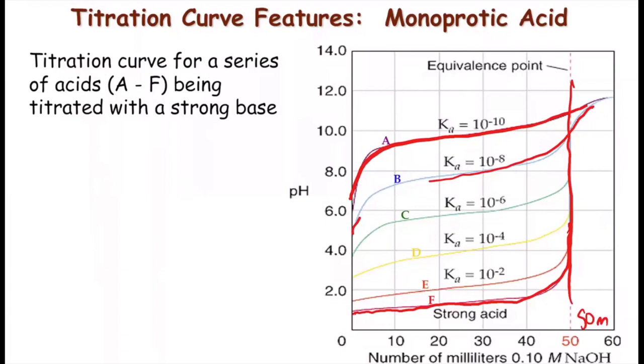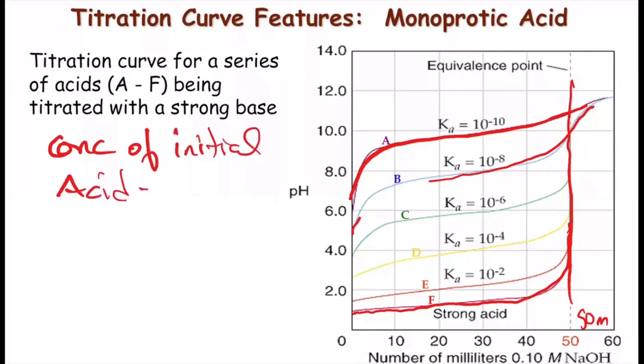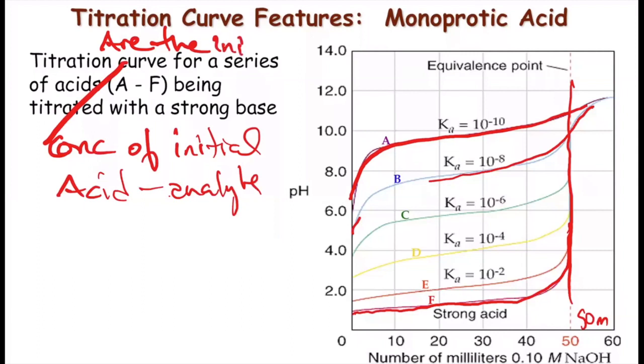So my question here is, what is the concentration of the initial acid? The initial acid is our analyte. Actually, my question here is, are the initial concentrations of acids A, B, C, D, E, and F equal to each other, or are they different from each other?